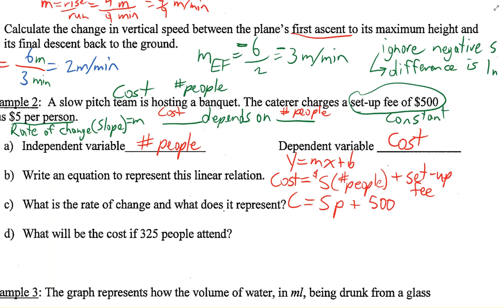Okay. So what's the rate of change? It is $5, and it is the cost per person. So it's like the cost of the meal, right? It's $5.